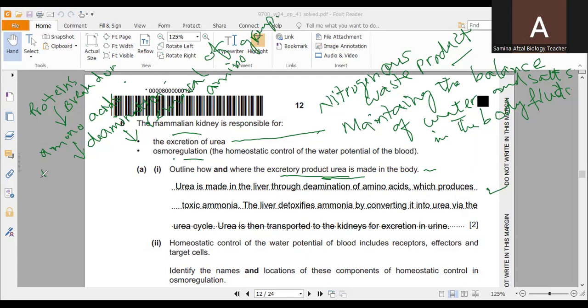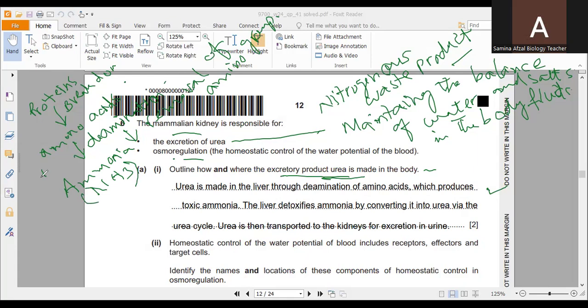As a result of deamination, there is formation of ammonia, and the formula for ammonia is NH3. Ammonia is highly toxic to the body.